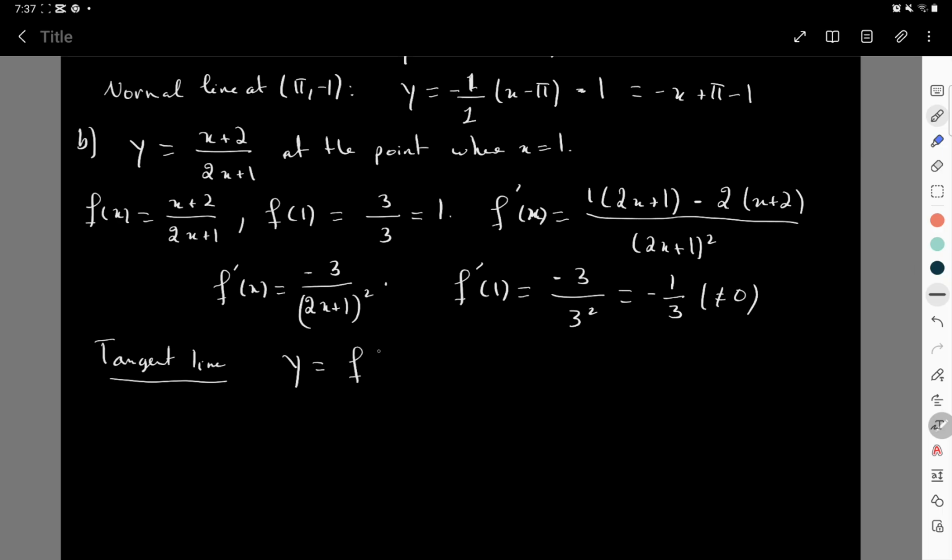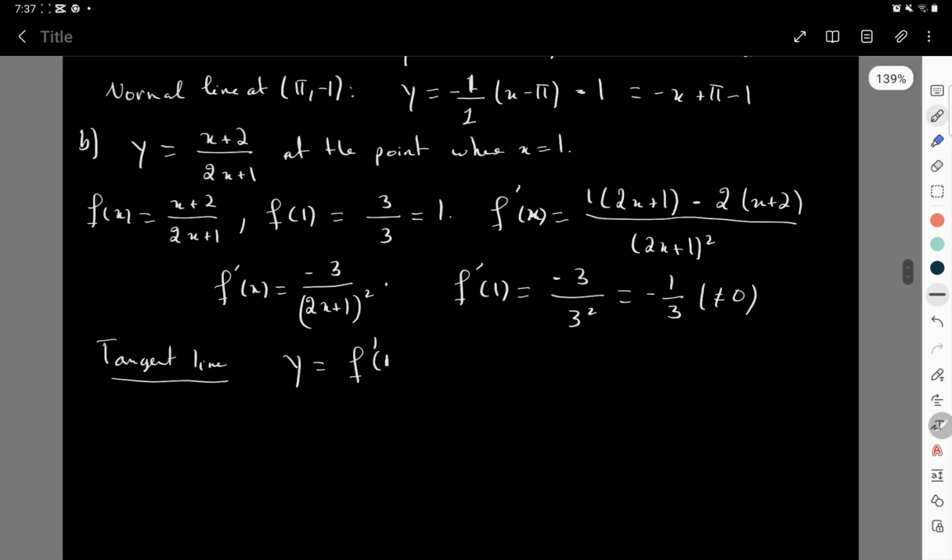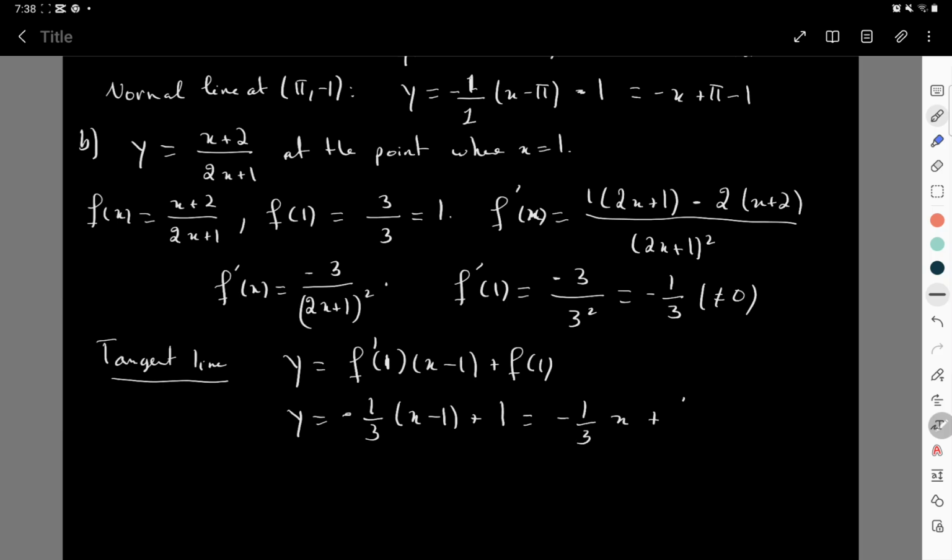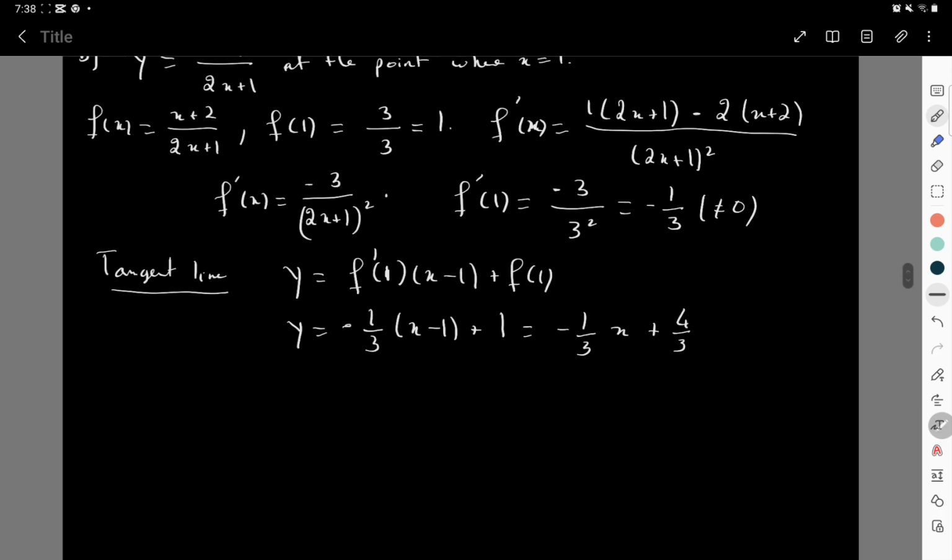It's y is equal to f prime of 1 times x minus 1 plus f of 1. We computed f of 1, which is 1. So f prime of 1 is minus 1/3, times x minus 1 plus 1. So we can simplify that, minus 1/3 x plus 1/3 plus 1, which is 4/3.